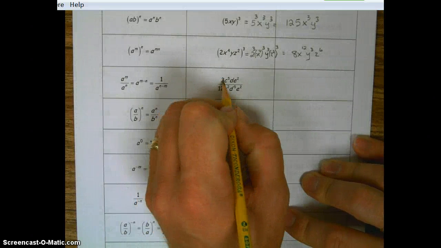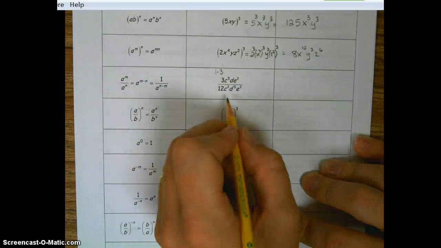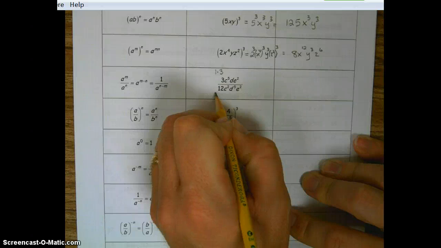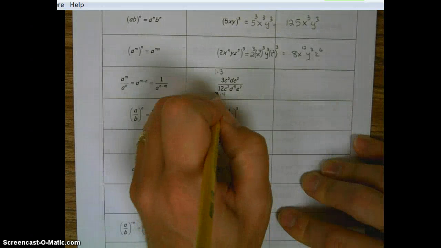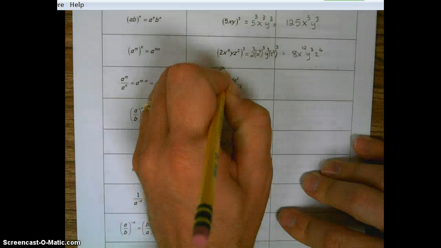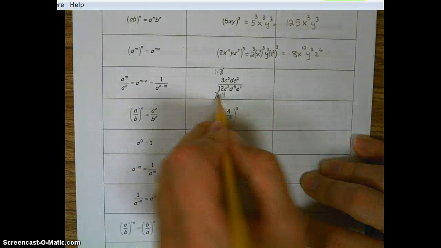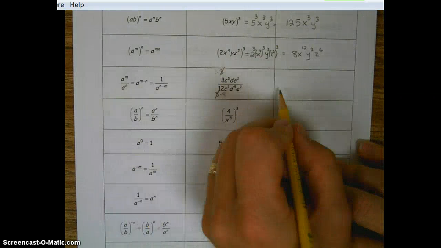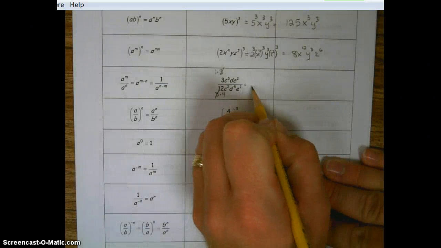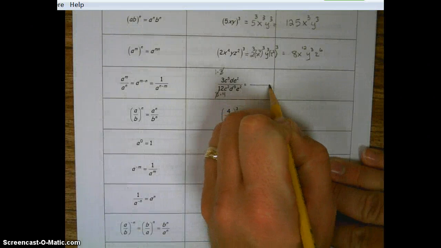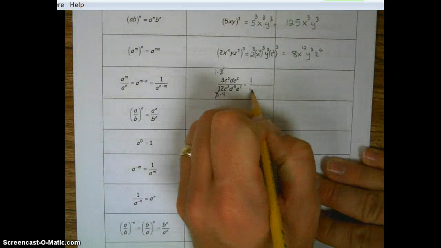But technically, 3 breaks down to 1 times 3, and 12 breaks down to 3 times 4. Those are their factors, the threes, they have a common factor of 3, and they get canceled. So we end up with a preliminary answer here: 1 on top, 4 on the bottom.